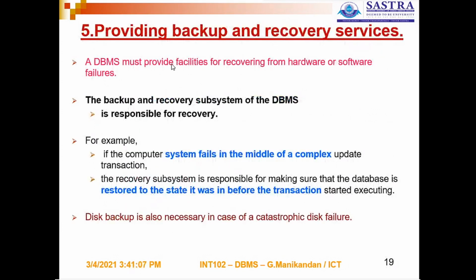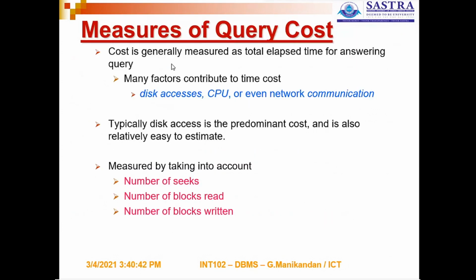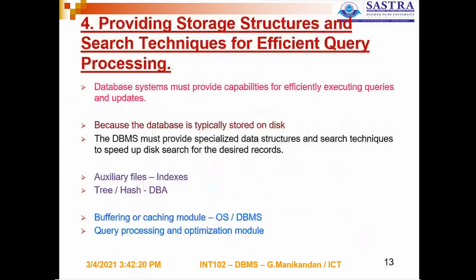Now, the fourth step is providing storage structures and search techniques for efficient query processing. What storage structure can you use? You can use an index. You create an index for the given database, and in order to reduce the time, you can implement this index in the form of a tree or a hash.